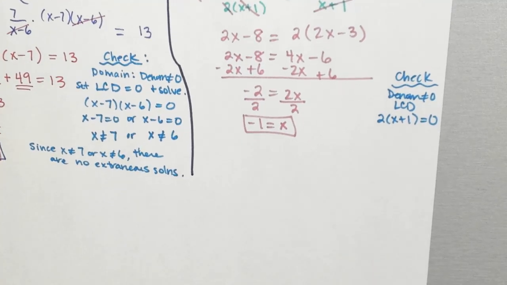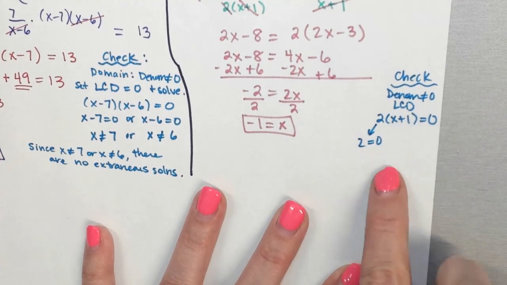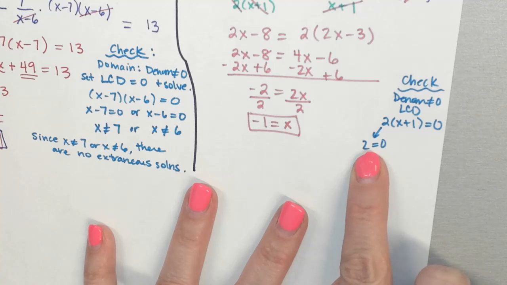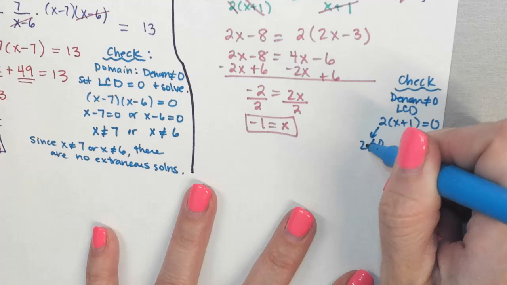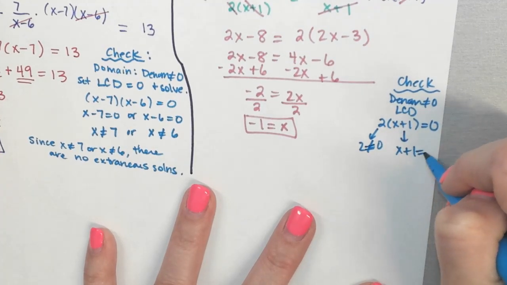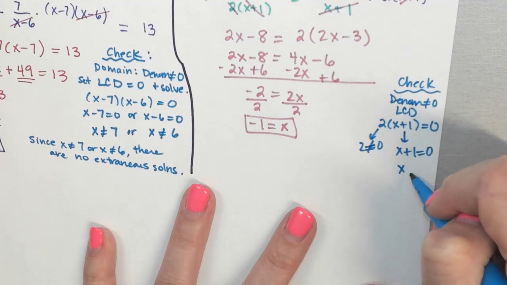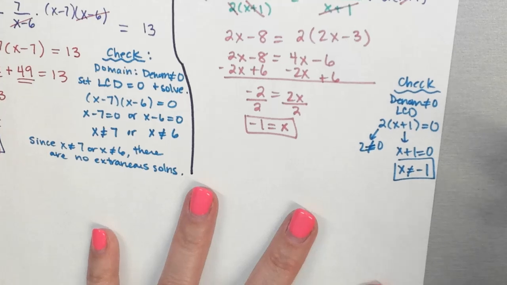When you are solving this for 0, if you set each factor equal to 0, when you get something like this that doesn't have an x in it, that just means this is not going to give you a solution. You can't solve that for x. There's no x to solve for. So that's not a problem. We can just solve this one. So we know x cannot be negative 1.